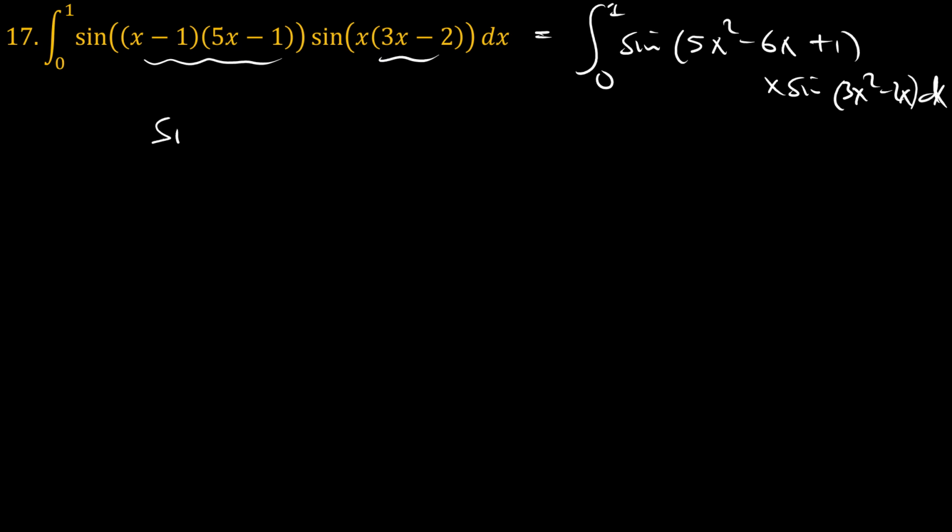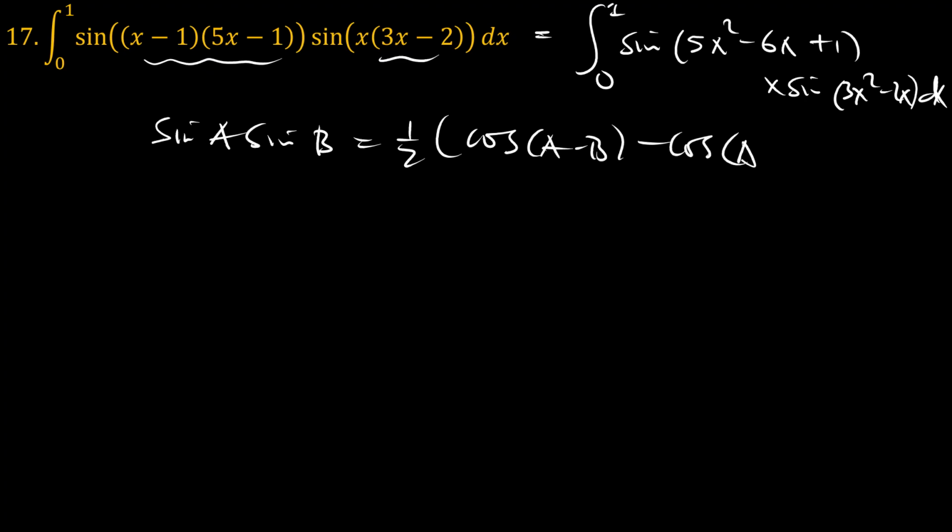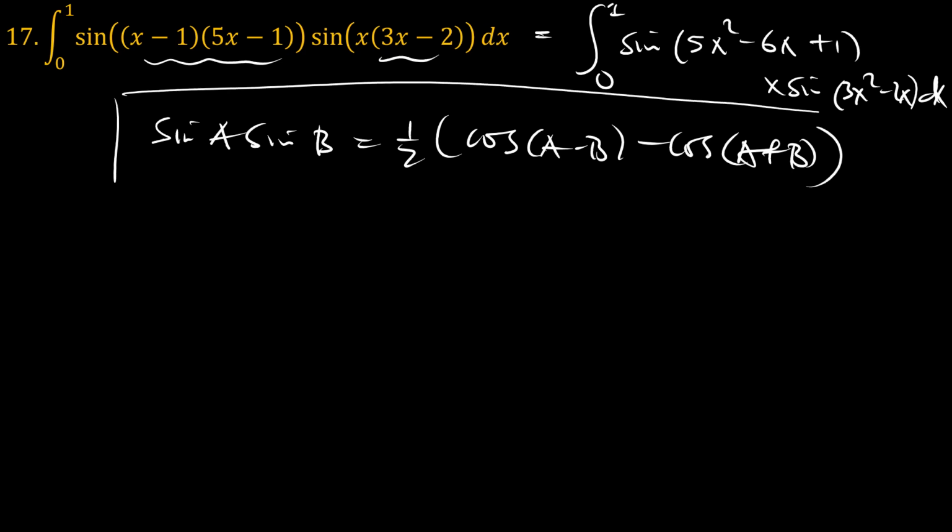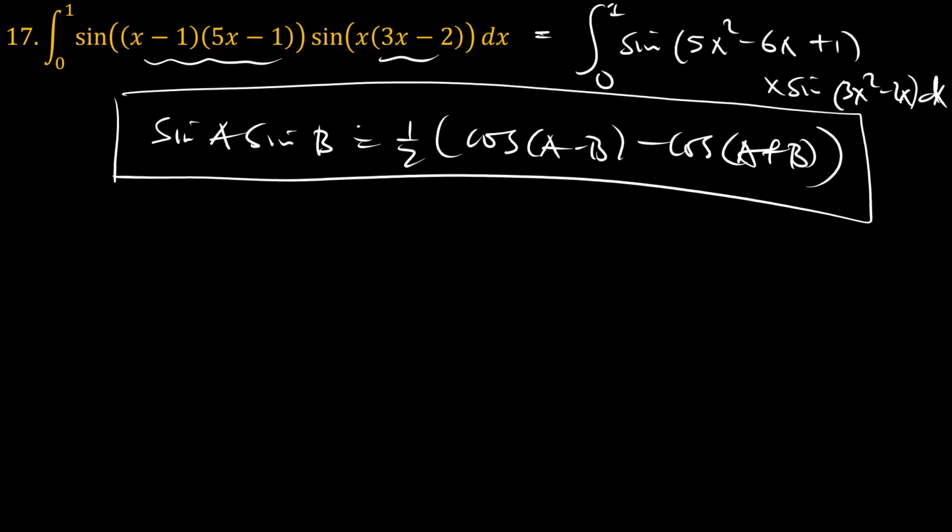So sine of A, sine of B is the same as a half of cosine of A minus B minus cosine of A plus B. That is the identity we are going to use. And this is actually equivalent, so we just use the triple sign there.